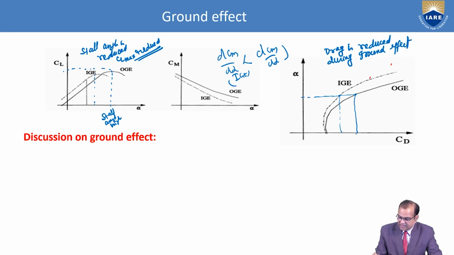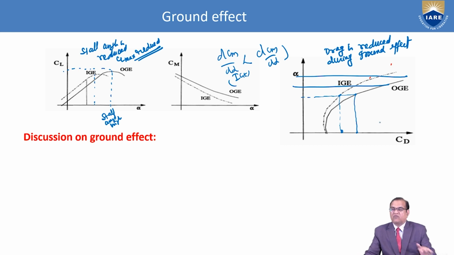So in ground effect, you are here. So for every case, your CD is more for out of ground, but if you are near the ground, your CD will be decreasing, and this CD will play a sufficient role for your landing performance.